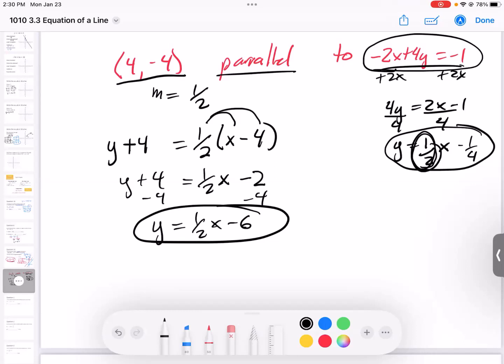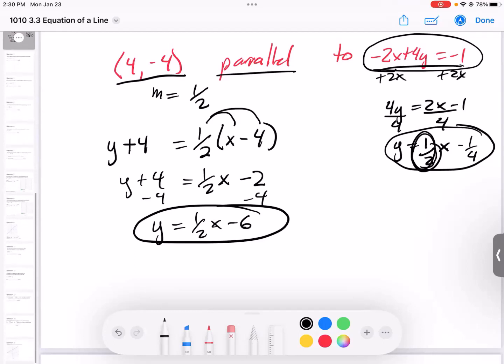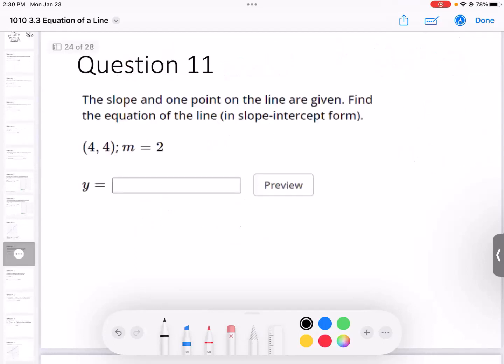Which one is it? Oh, I'm sorry. On 16? No, that's totally fine. Which number is it? Number 11. Okay, does yours look like this or do you have other numbers?